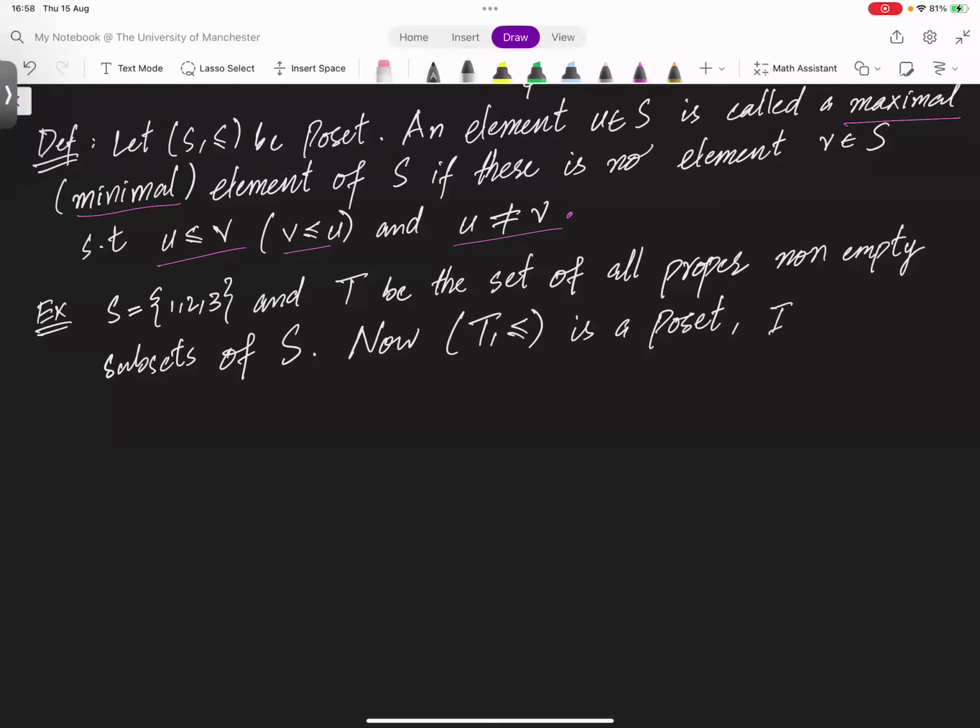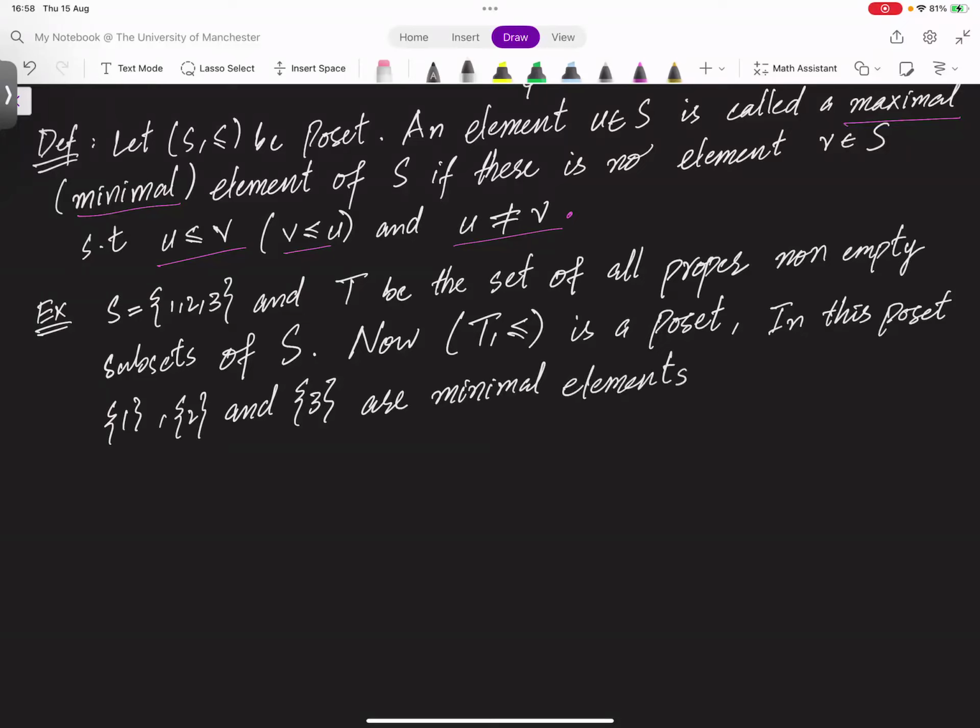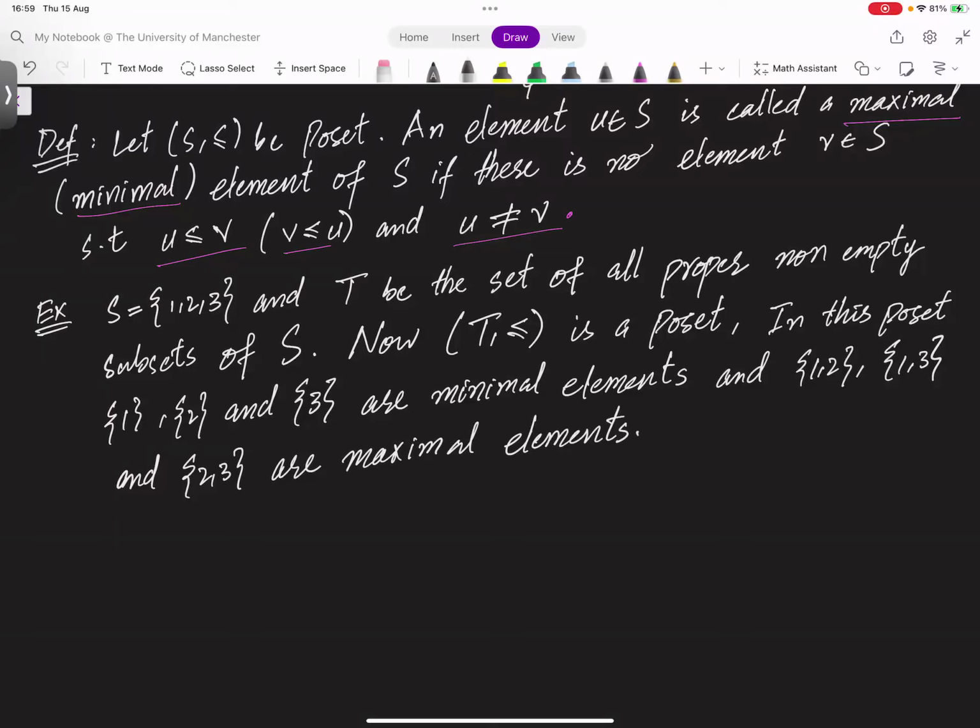Now, in this poset, the subsets {1}, {2} and {3} are minimal elements and the subsets {1, 2}, {1, 3} and {2, 3} are maximal elements.